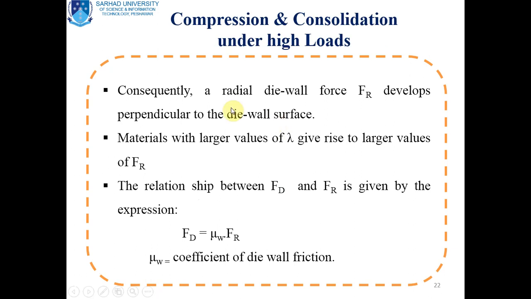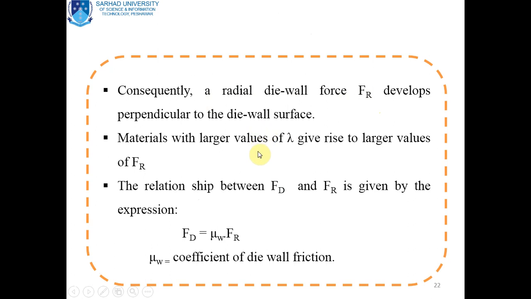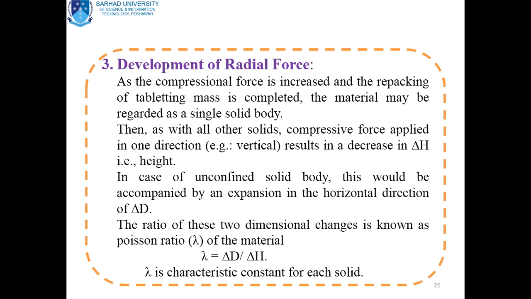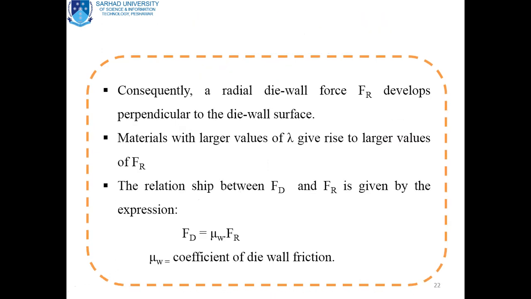Consequently, a radial die wall force, that is FR, develops perpendicular to the die wall surface. You can see FR, and FL is also there, and FA. These are the different forces. FR is the radial die wall force and develops perpendicular to the die wall surface.